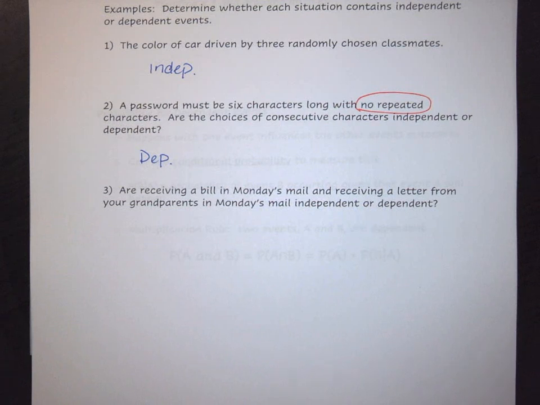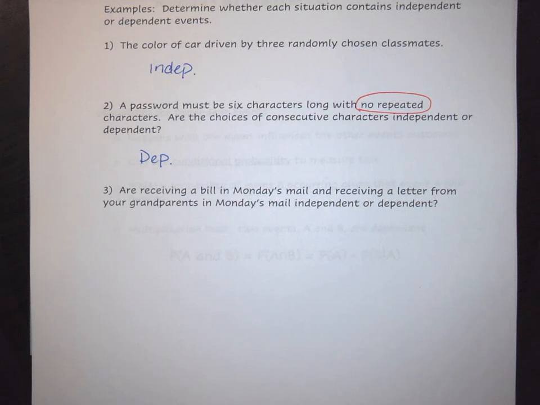Last, are receiving a bill in Monday's mail and receiving a letter from your grandparents in Monday's mail independent or dependent? So what this is asking is, does the fact that you receive a bill on Monday have any influence on receiving a letter from your grandparents on Monday? Well, no. There is no influence in receiving bills versus receiving non-bills in the mail.